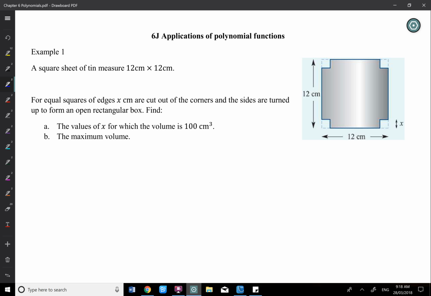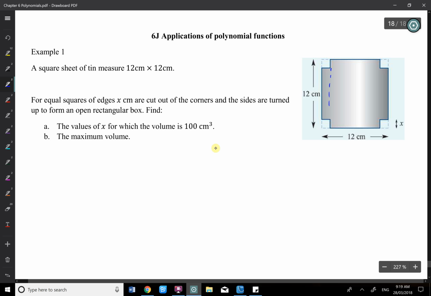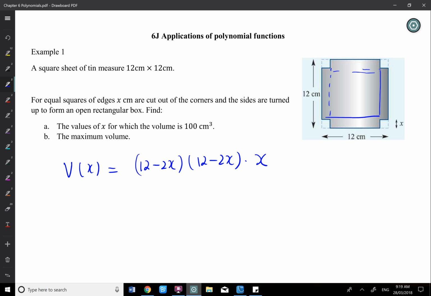A square sheet of metal measures 12 by 12. You have a square here and you cut out four corners, so you can make the box. The volume V of x equals 12 minus 2x, times 12 minus 2x, times x, because the length and width are the same and the height is x.